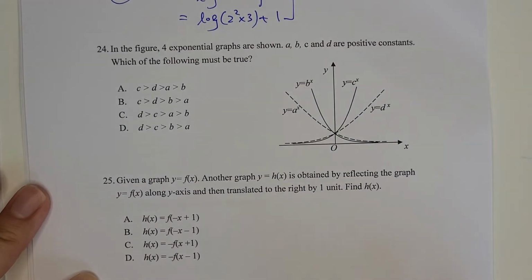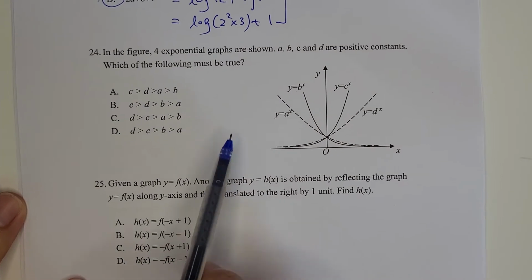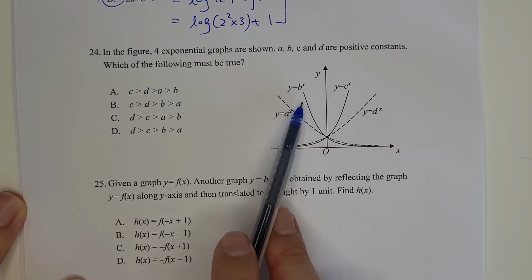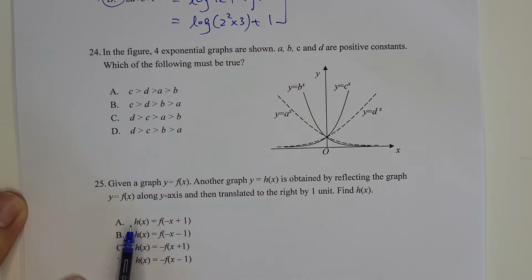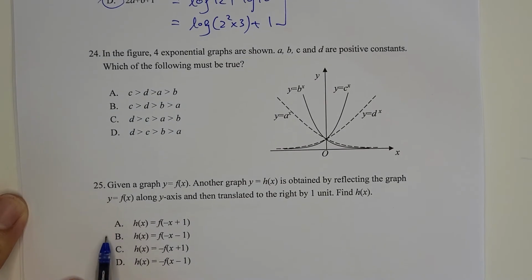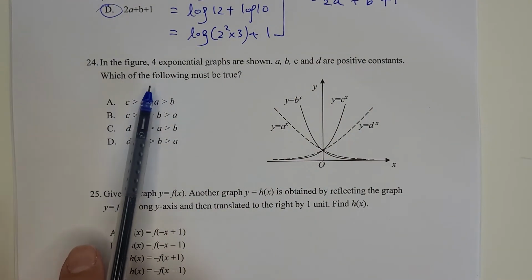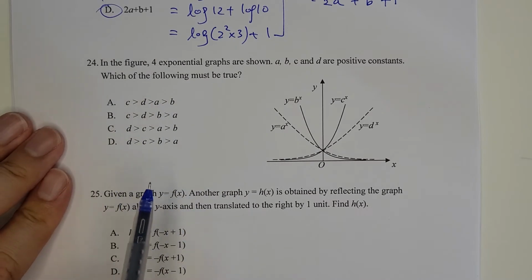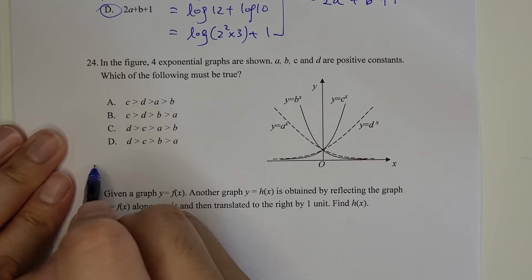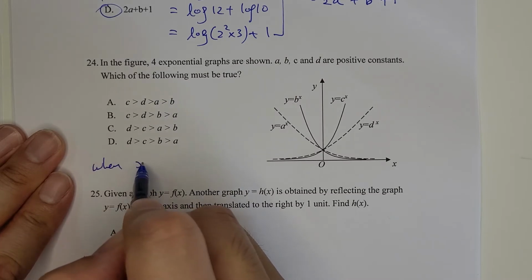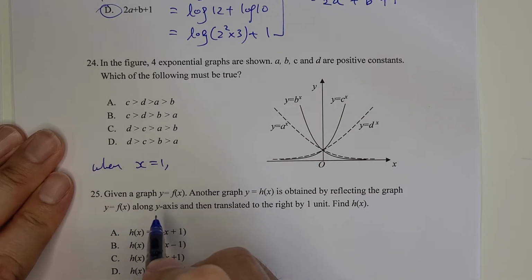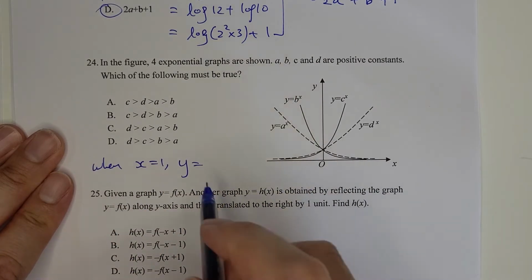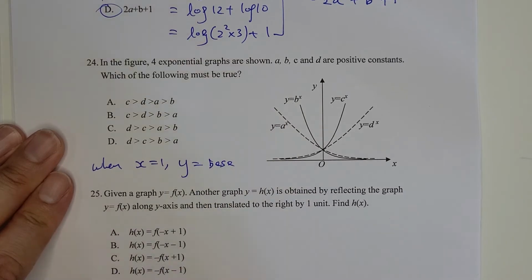For question number 24, in the figure, there are 4 exponential graphs A, B, C, and D. They all have positive index, positive constant. Which of the following must be true? If you want to compare their base, one very important point is that when x equals 1, y equals the base.